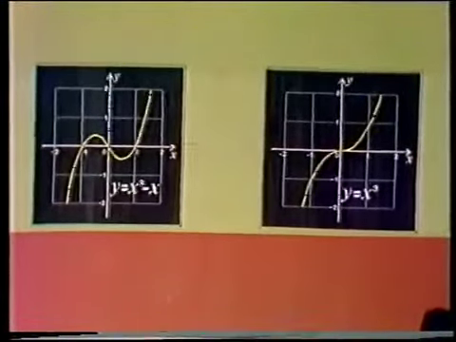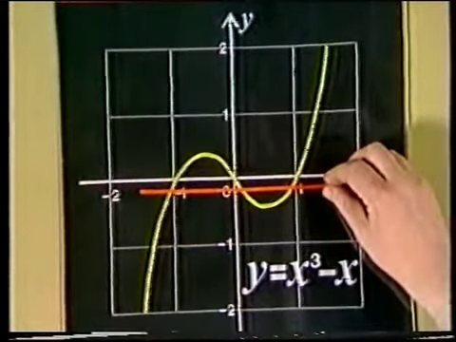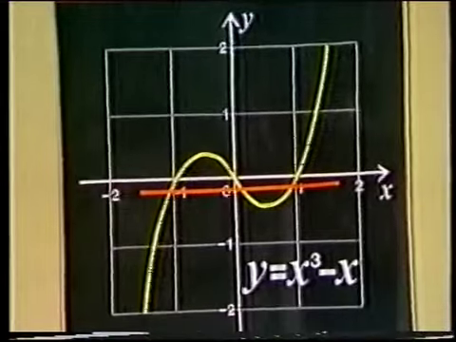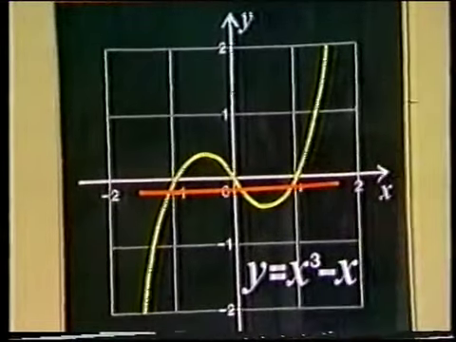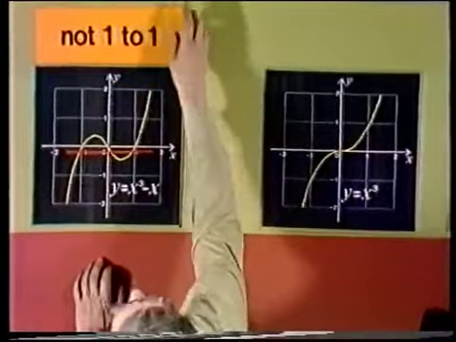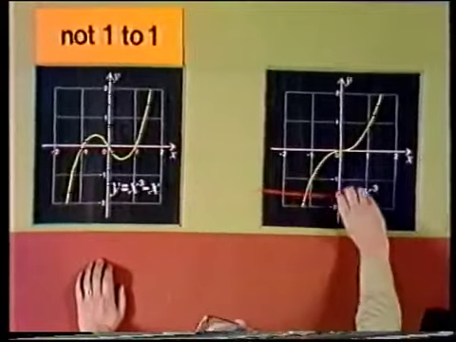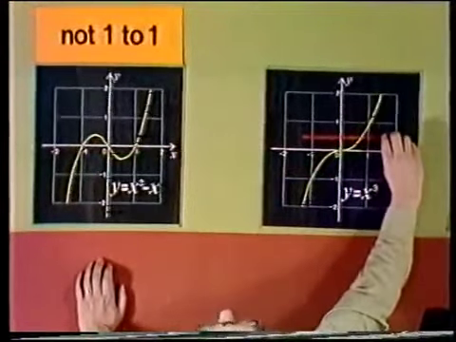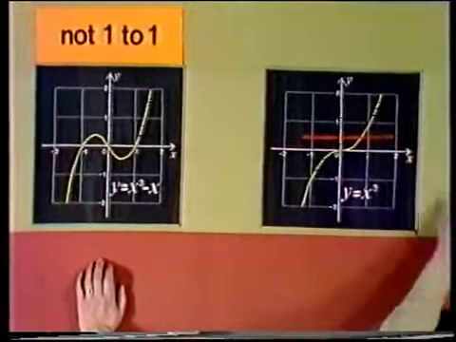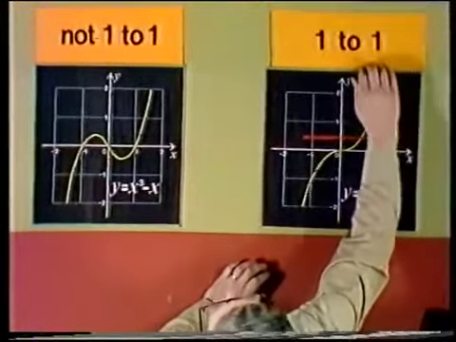Well, if I draw a horizontal line across it, it cuts this graph in 3 places. Now that means that this graph is not one-to-one. But any horizontal line on the other graph will always cut it in only one place. That's because y equals x cubed is one-to-one.